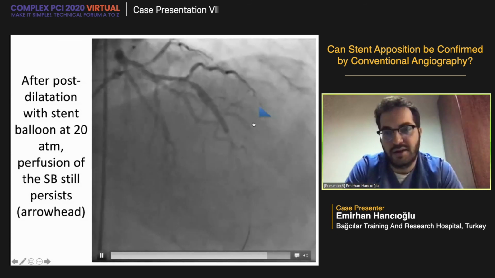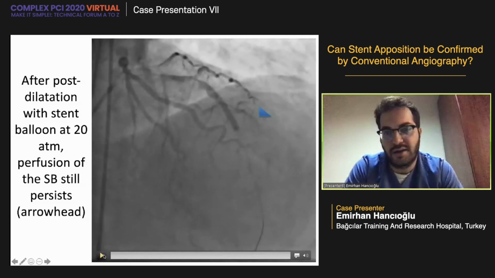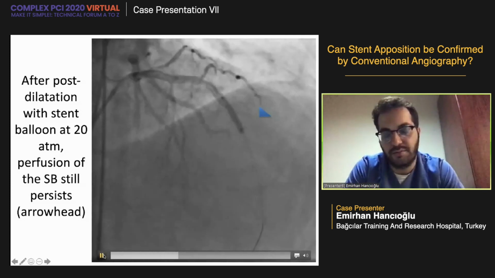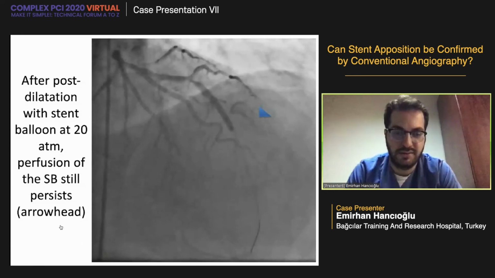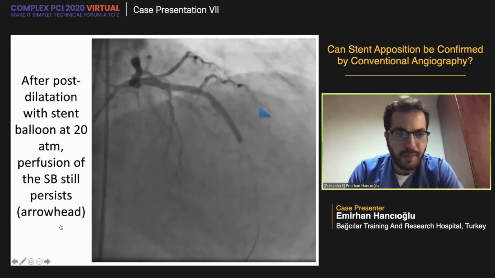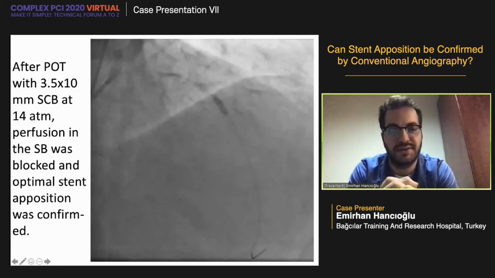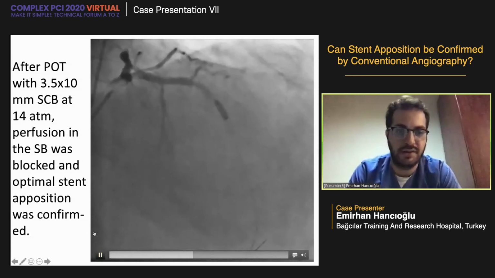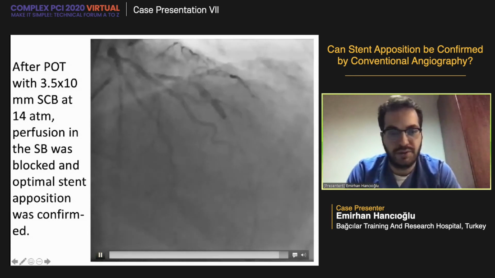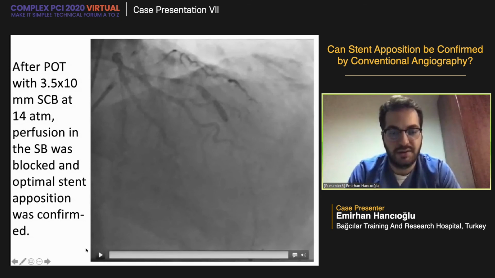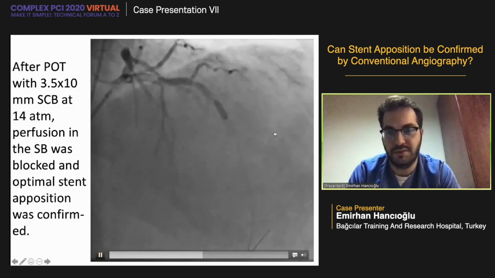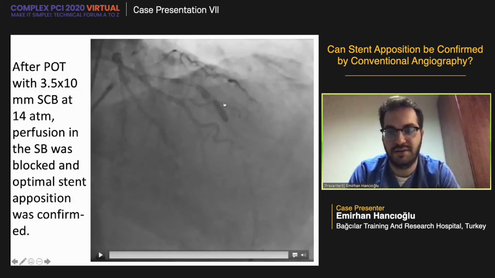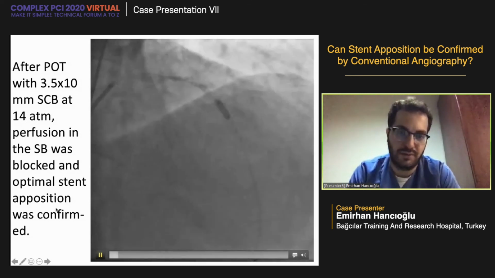So we decided to make the proximal optimization, and after that we used a 3.5 balloon at 14 atm. Then we saw the perfusion of the side branch was blocked, and we confirmed that our stent apposition was good. You can see here the side branch flow is blocked.